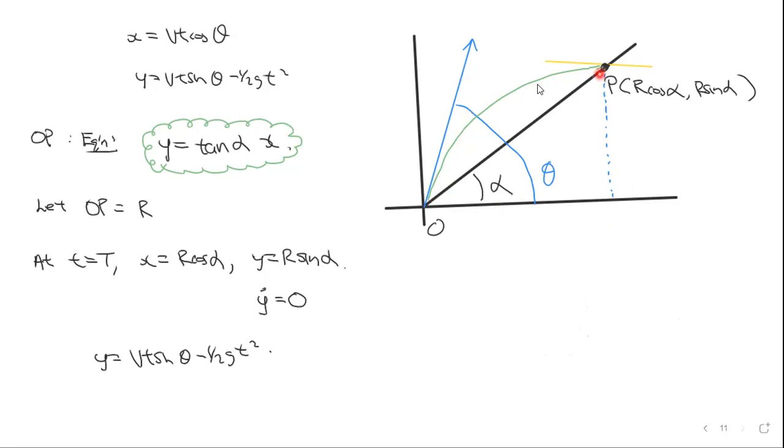So y dot is this. These are things that you do very frequently. It's going to be v sine theta minus gt. So we will let y dot equal 0. And if you solve for y dot equals 0 and solve for t, then t must equal v sine theta over g. And this t is our capital T.